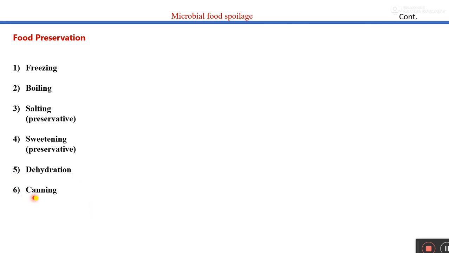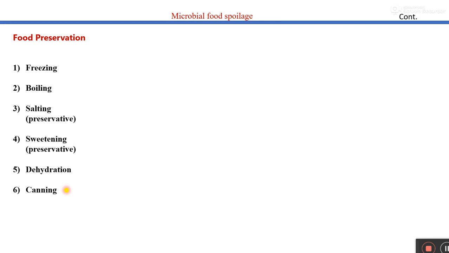Sixth important way through which you can preserve your food from spoilage is by canning. Canning is the process through which you put your food in a jar and keep that jar at high temperature. After applying high temperature, most of the bacteria will be killed.